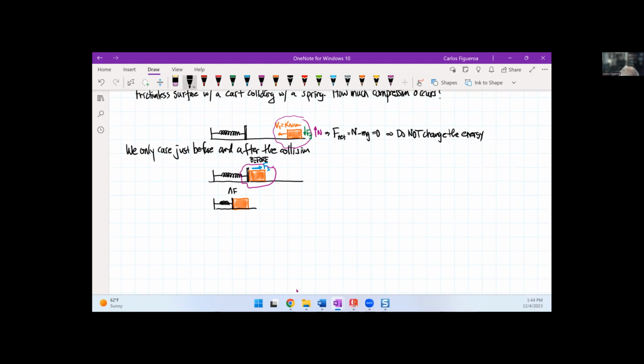So this is what I have afterwards. And if we want maximum compression, that means that its final speed should be 0. So then I start drawing my picture. It says that I have a total energy.